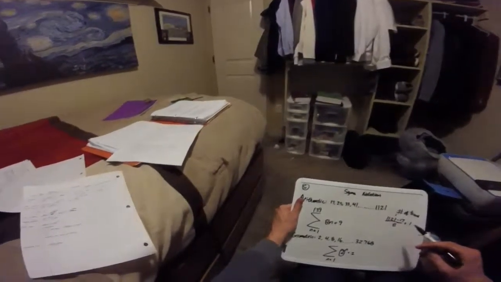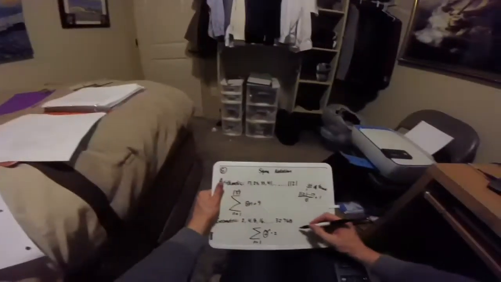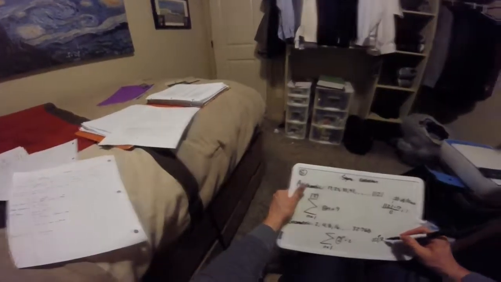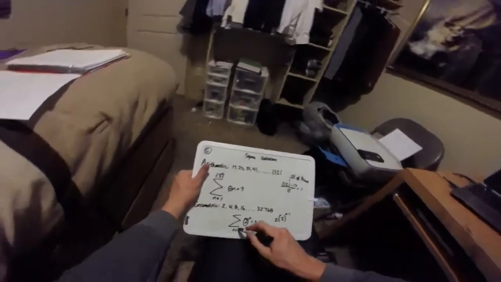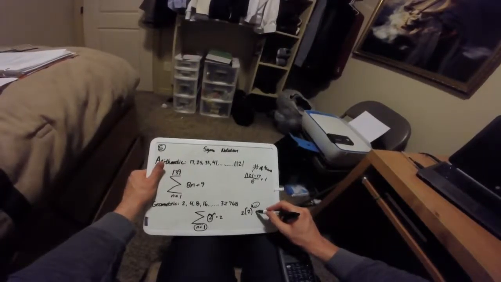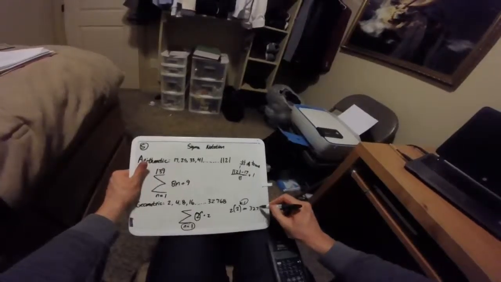Now, the number of terms for geometric uses the first term, so that'd be 2 times the rate raised to the n minus 1, which equals 32,768.